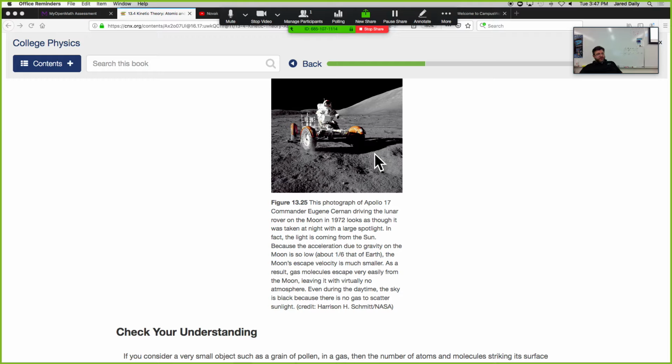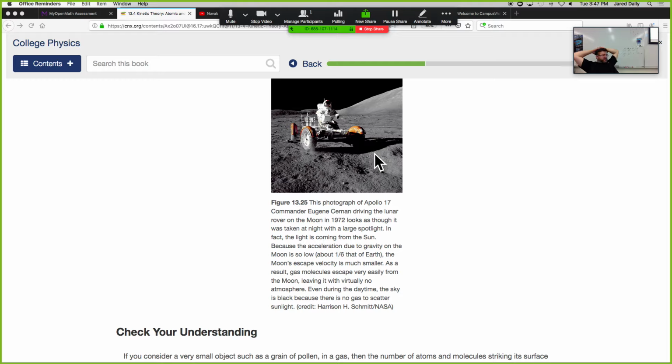Just jumping on the moon, an average person can jump like 8 feet in the air. It's kind of crazy. Gases, of course, escape very easily from the moon, and so it has no atmosphere. And that's why it looks so strange there.